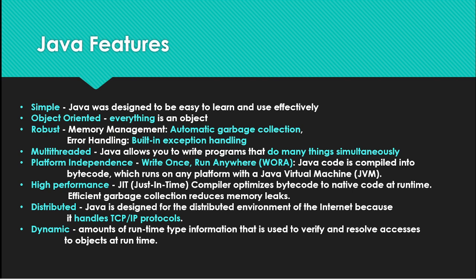Then Java is a distributed system, as it is designed for the distributed environment of the internet, because it handles TCP and TCP/IP protocols as well. Then dynamic in nature: the code carries information used to verify and resolve accesses to objects at runtime, meaning at runtime things will be decided based upon that information.